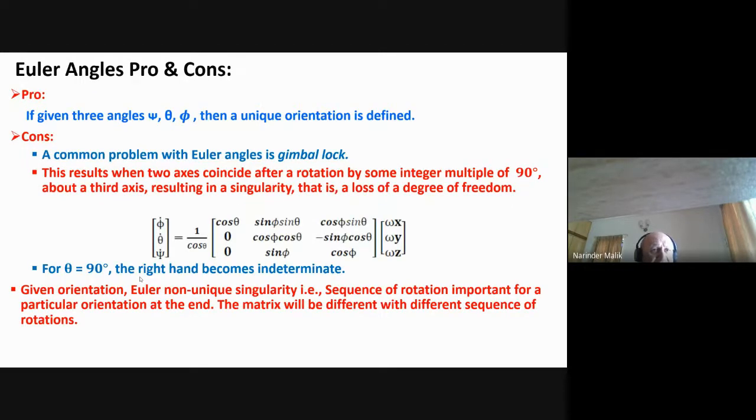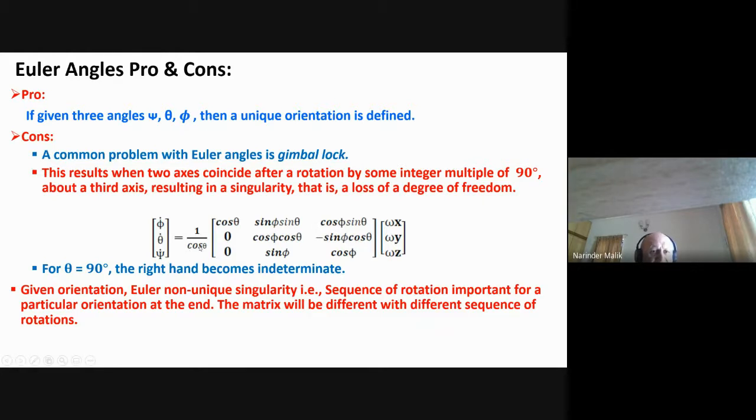Now, what are the pros and cons of different techniques? Euler angles: it is a simple thing. You need psi, phi, theta, then the orientation is defined in a unique way.